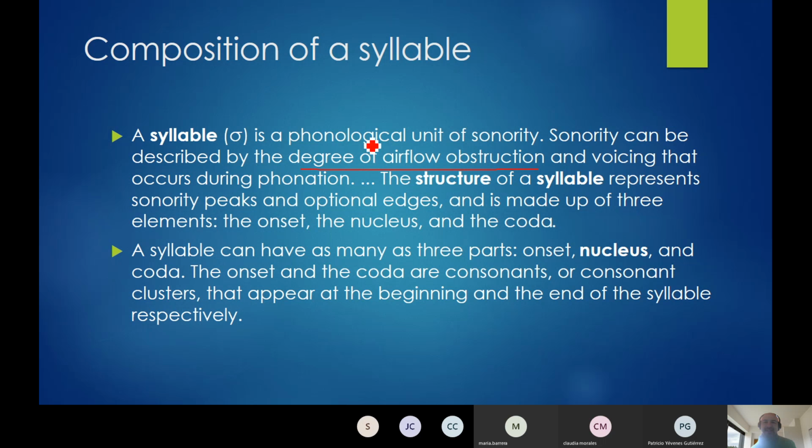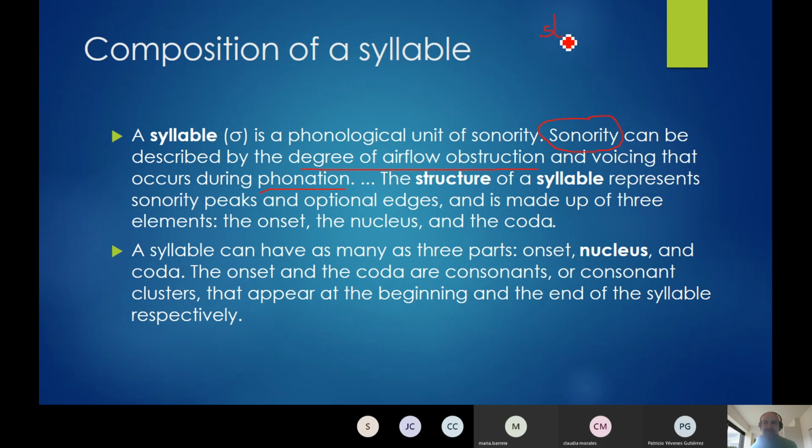Right? So there are different degrees in terms of the airflow obstruction and voicing. Sonority, or how loud a sound is going to be, is different depending on the sound that we are articulating during the phonation process. Okay, and the structure of a syllable has different sonority peaks because of, for example, the word strike, right?